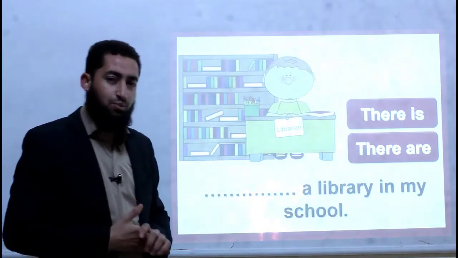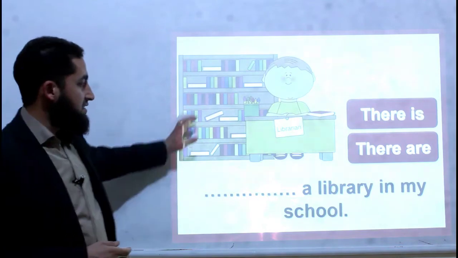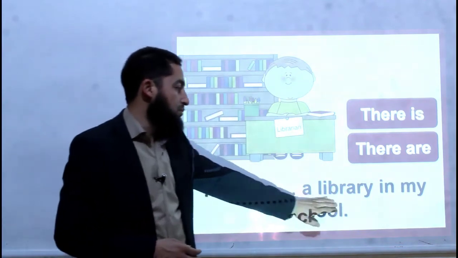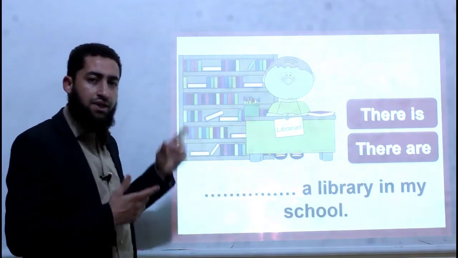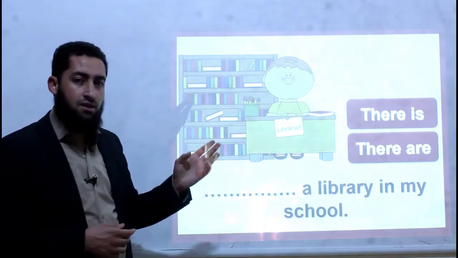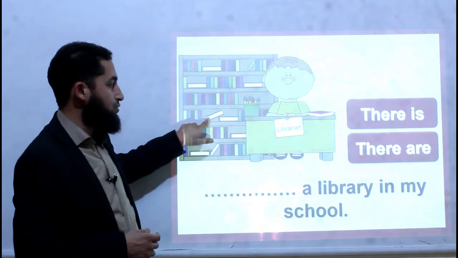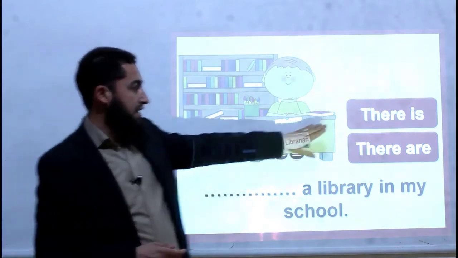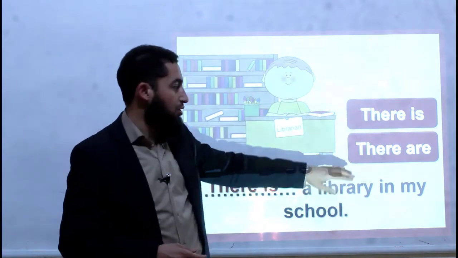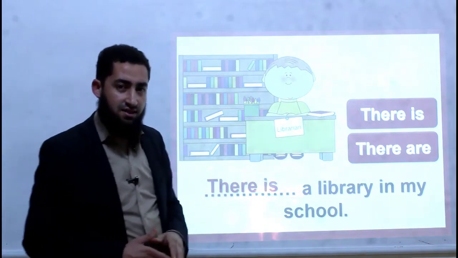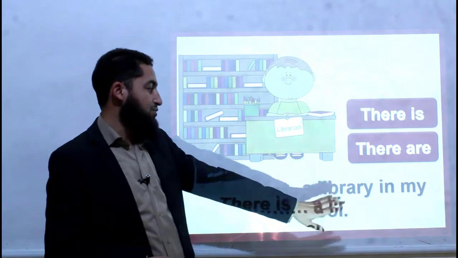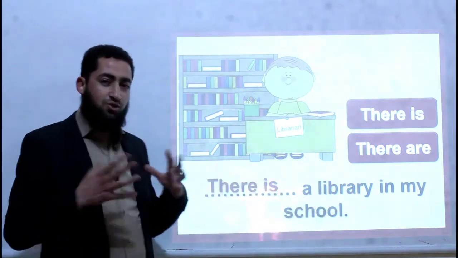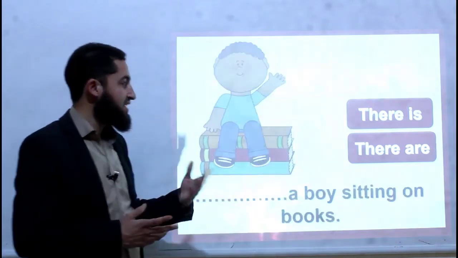The next example, this is a library. How many libraries do we have? 1 library. So is it there is or there are? It's there is. There is a library in my school. Very nice.